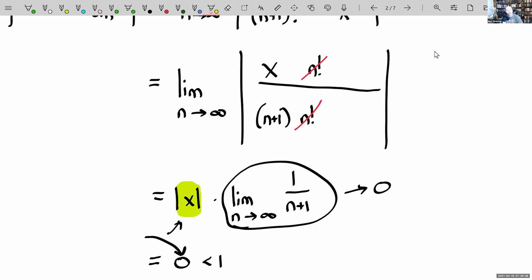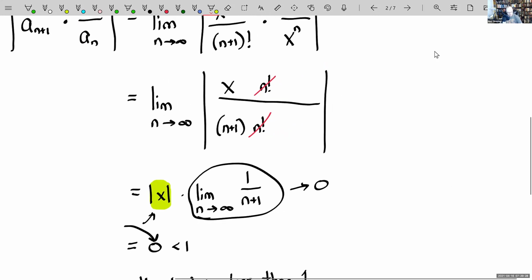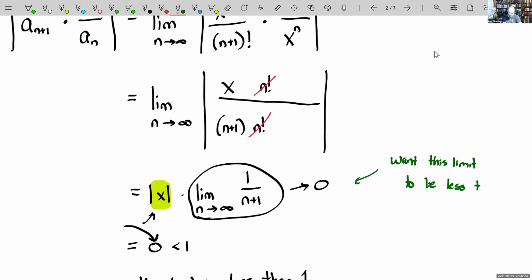And remember, for convergence, we want this limit to be less than 1, because that would give us a guaranteed convergence for our series.